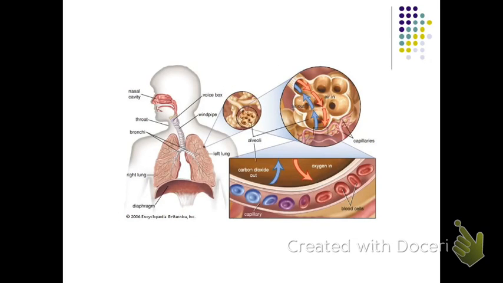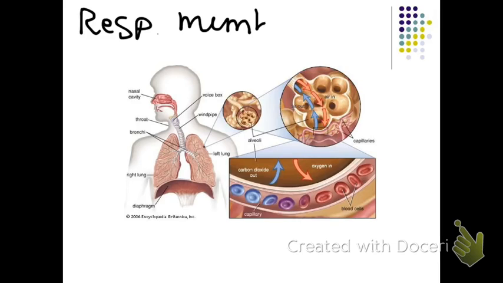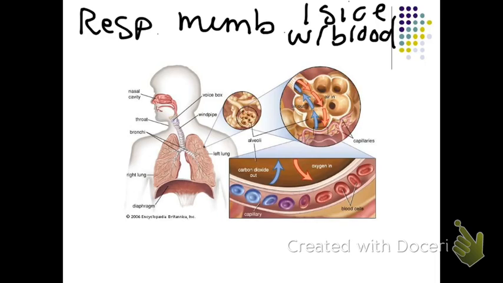And here is more of a macroscopic to a microscopic version of where the respiratory membranes are. And the respiratory membrane is a membrane that allows one side with blood and the other side with oxygen.